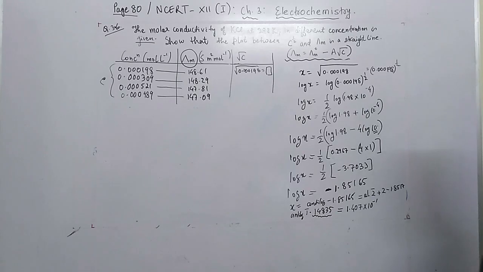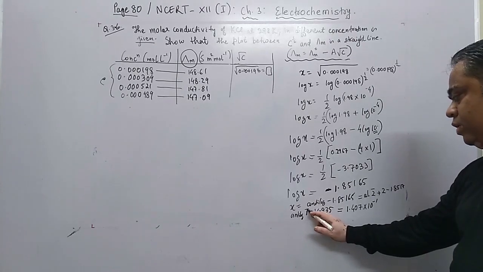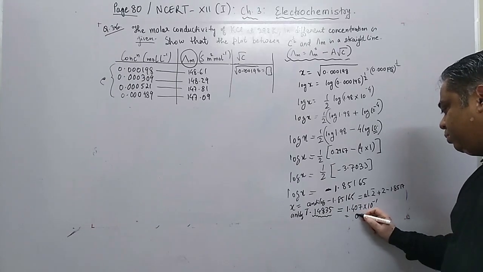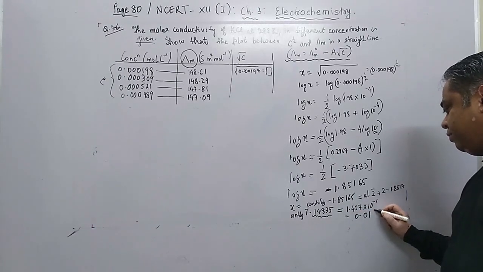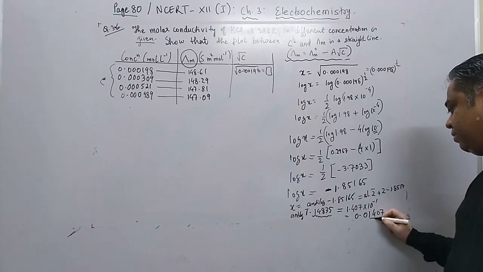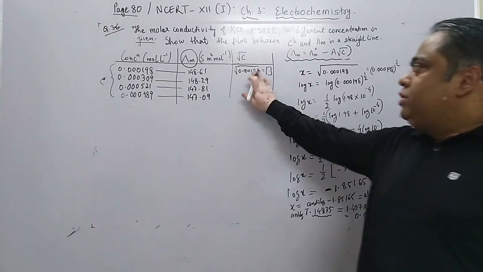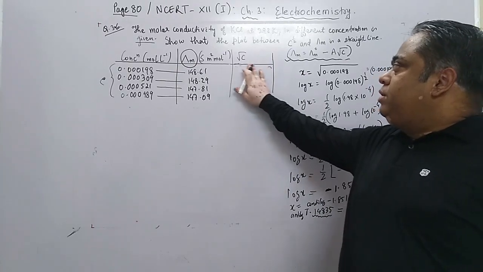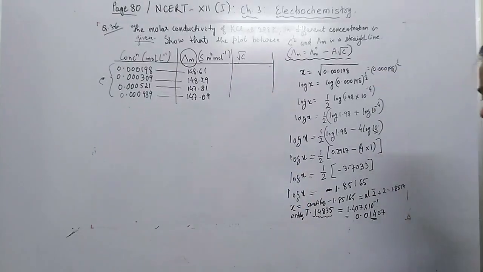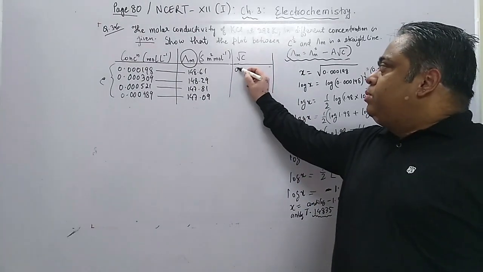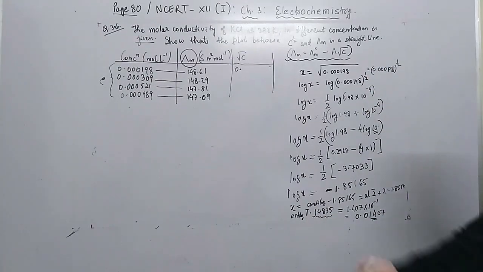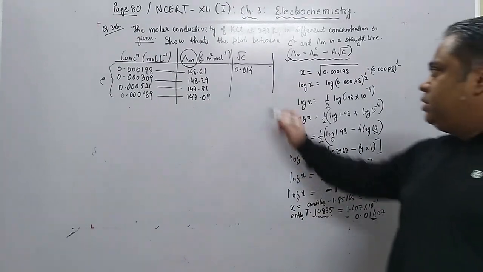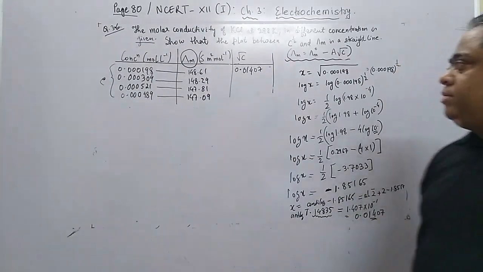If you know the rules of logarithm, then this 1 bar is written as 10 to the power minus 1, and hence this value is 0.01407. So now we can write here that the square root of C will be 0.01407.